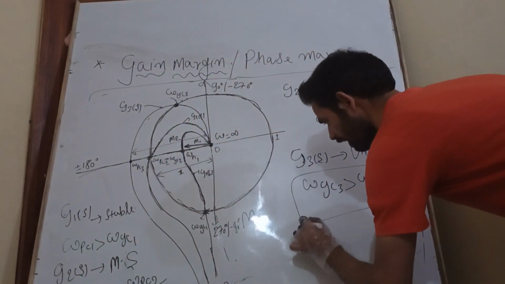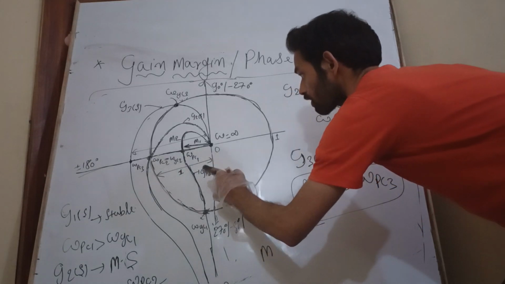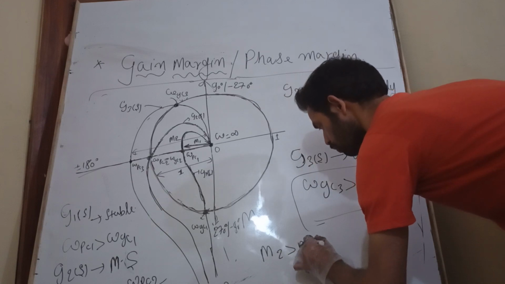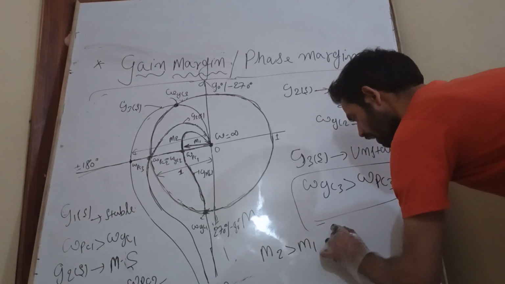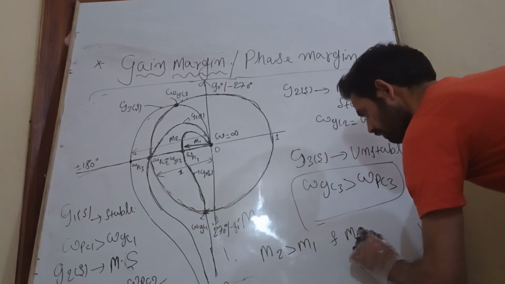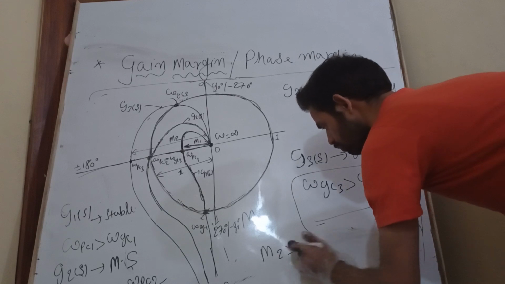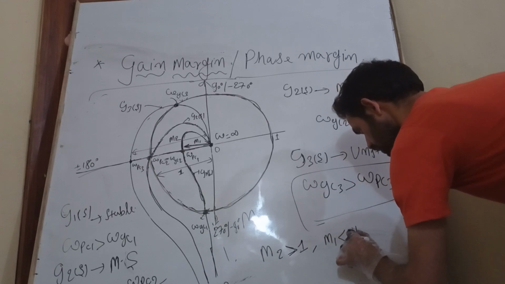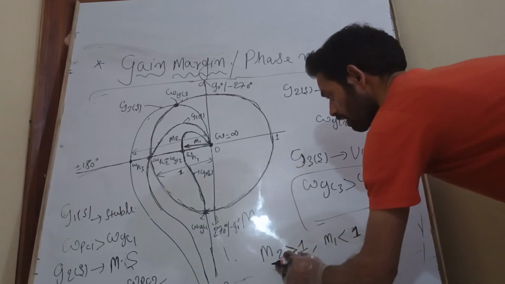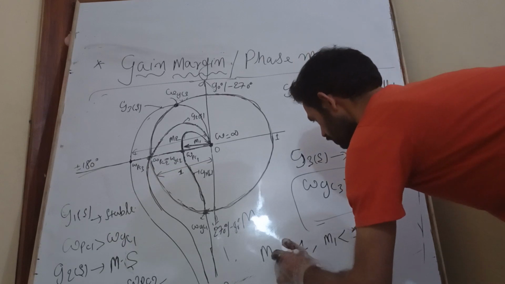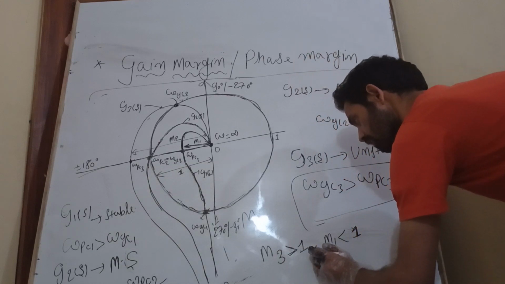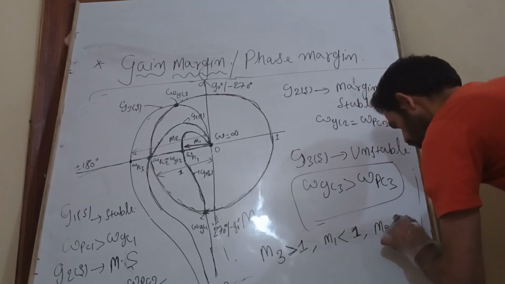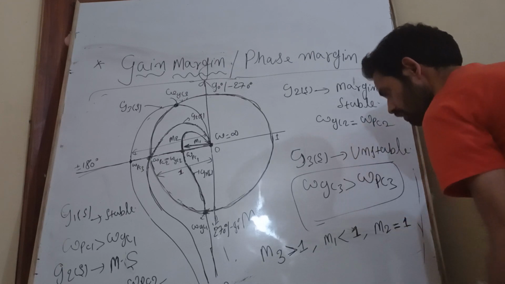From here I can say m2 is greater than m1. Here m3 is greater than unity, m1 is less than unity, and m2 is equal to unity.